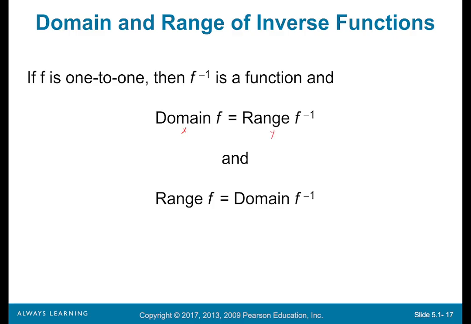Well, for f inverse, remember, we're flipping our x's and y's. So if I have an x in my domain of f, and I flip my x and y, hopefully that y is now in my range of f inverse. So as we're flipping x's and y's, the domain and range get flipped as well.